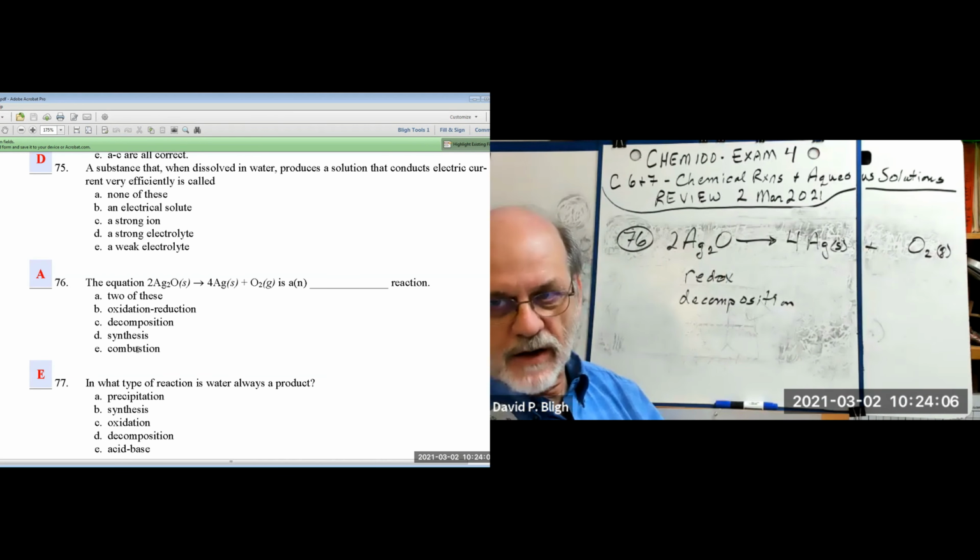And notice that some of them have coefficients. That means you have to balance the equation and include the coefficient in order to find the correct answer. So we have to write the correct balanced equation, and then break it down into the complete ionic equation. So here's 89.